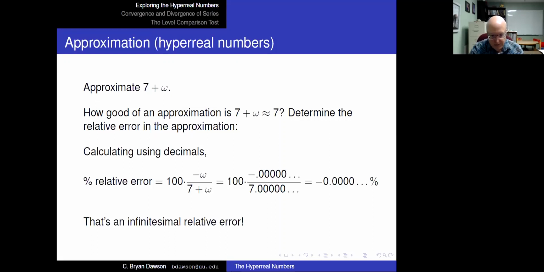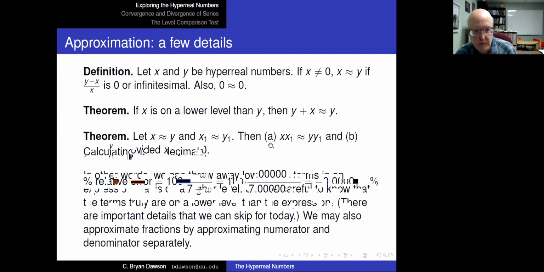And in fact, if you're looking at this in decimal form, you would have infinitely many zeros at the beginning of your error or percent relative error. And that relative error then is infinitesimal. So it's a very, very good approximation.